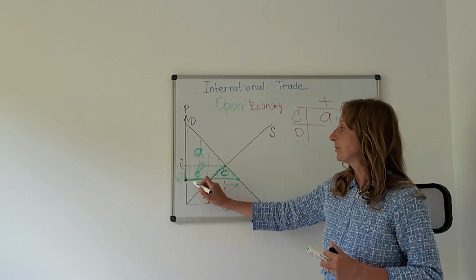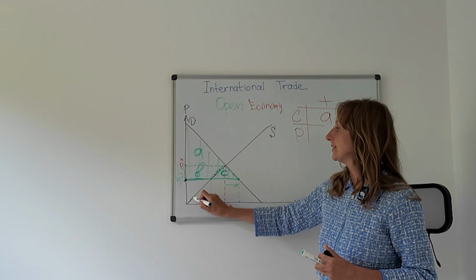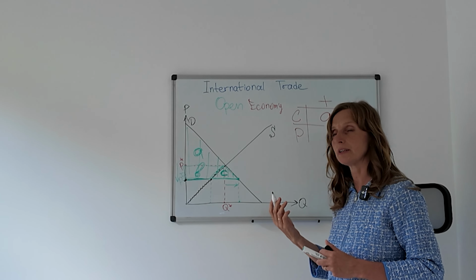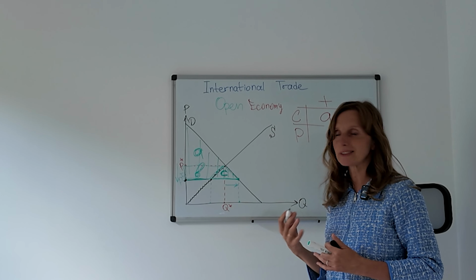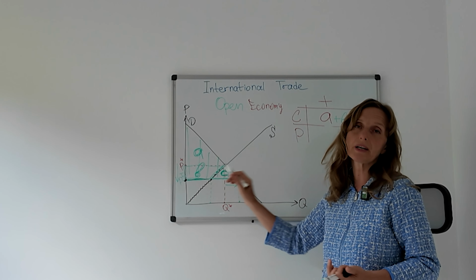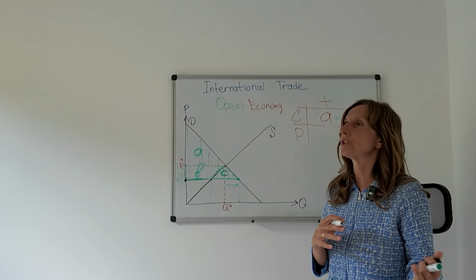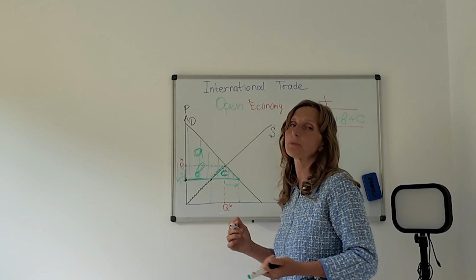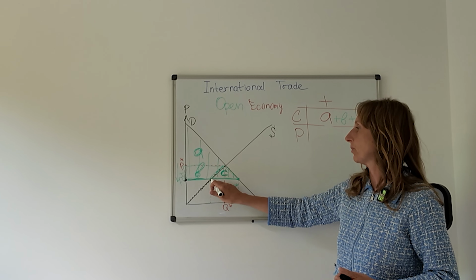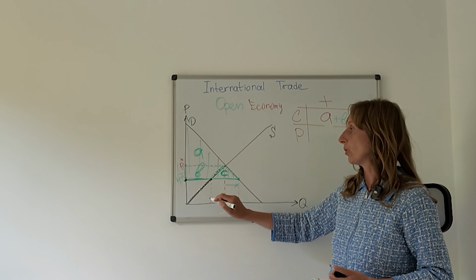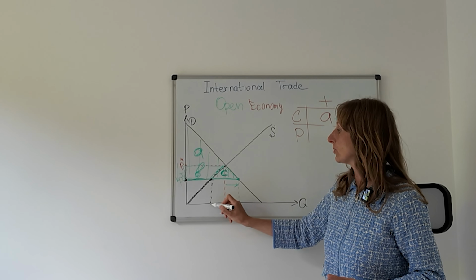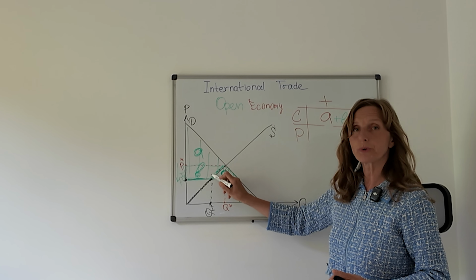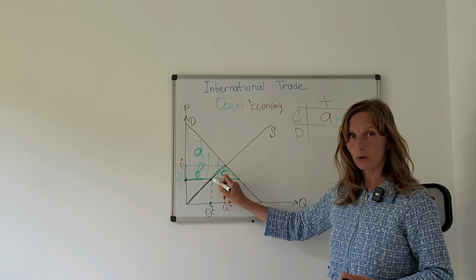So it means that only these producers will still gain, and they will be successful with this lower price. Probably they have more intensive technologies, or it is somehow easier or cheaper for them to produce goods. So only this amount of goods, let's call it Q international, will be produced in the open economy.